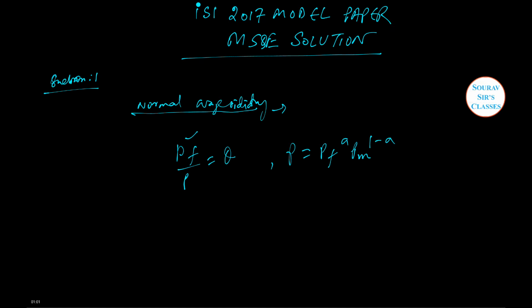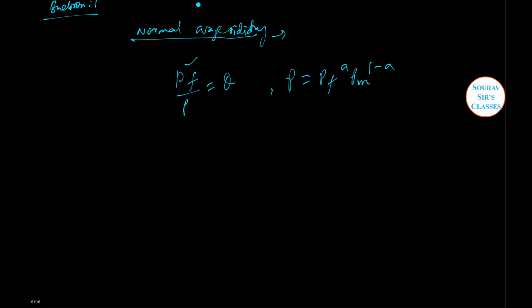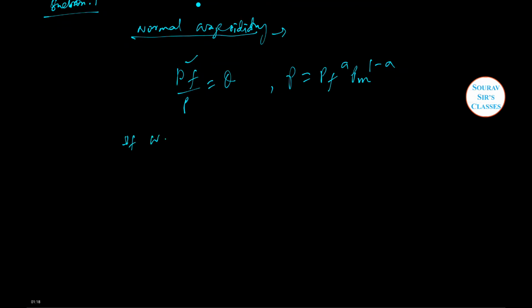Sticky information means that normally in the short run they don't want to change the wage structure. So under these circumstances, what is the shape of the aggregate supply curve? If the wage is rigid, the wage is fixed, so this is the curve.